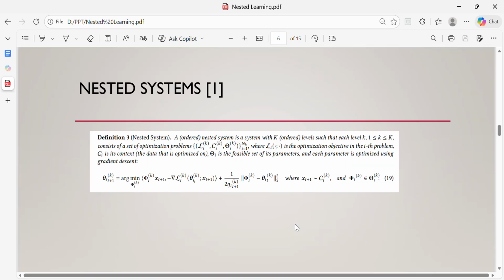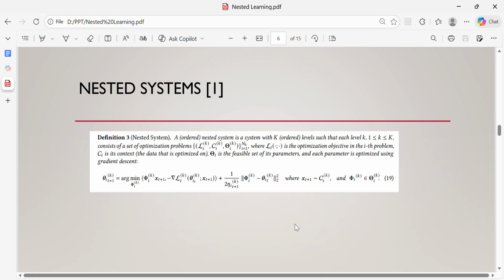So now, what is a nested system? It may look a bit complex, but it is very much understandable if you understood the gradient descent definition I gave you, which is given in the paper itself. So the gradient descent explanation and the key-value associative memory are the two important things.